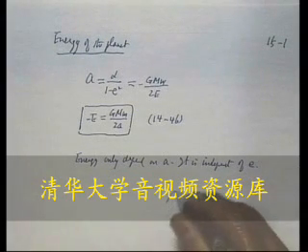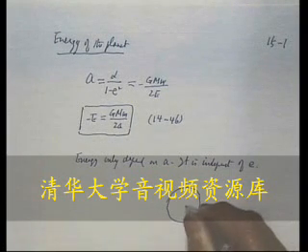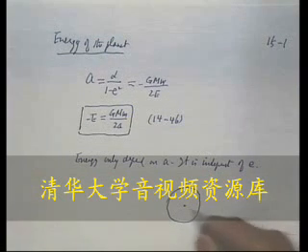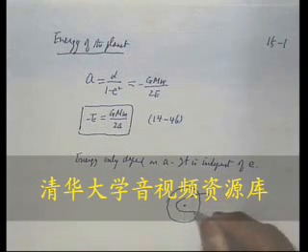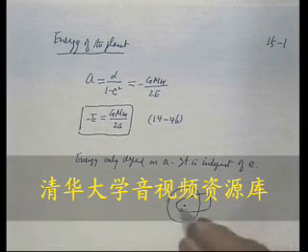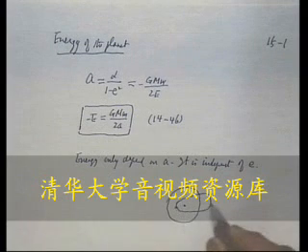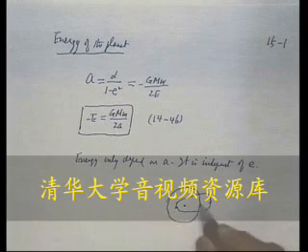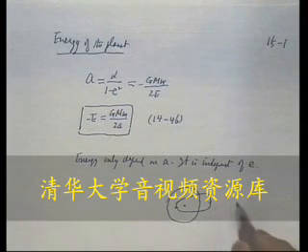So a circular orbit and an elliptical orbit like this, if they have the same major axis, if the length of this ellipse is the same as the diameter of the circle, then they have exactly the same energy.